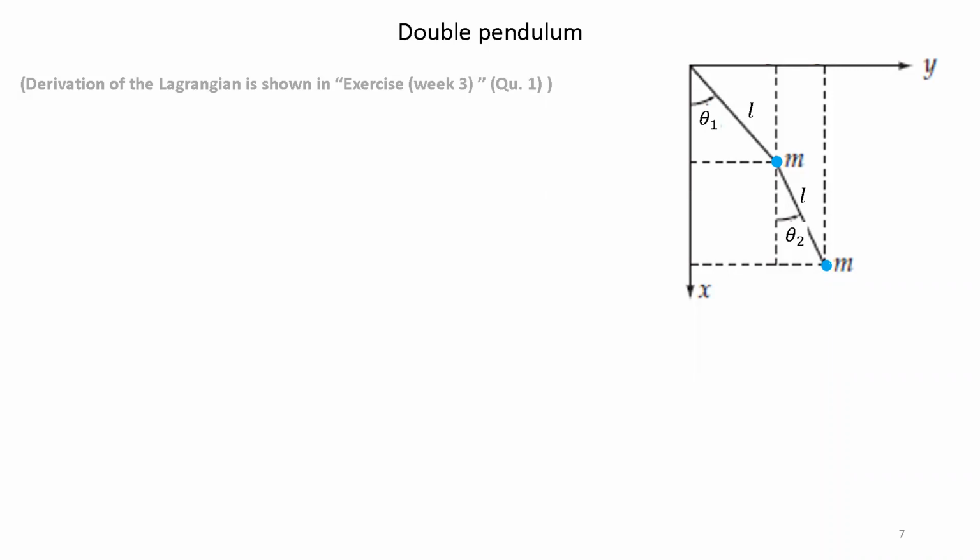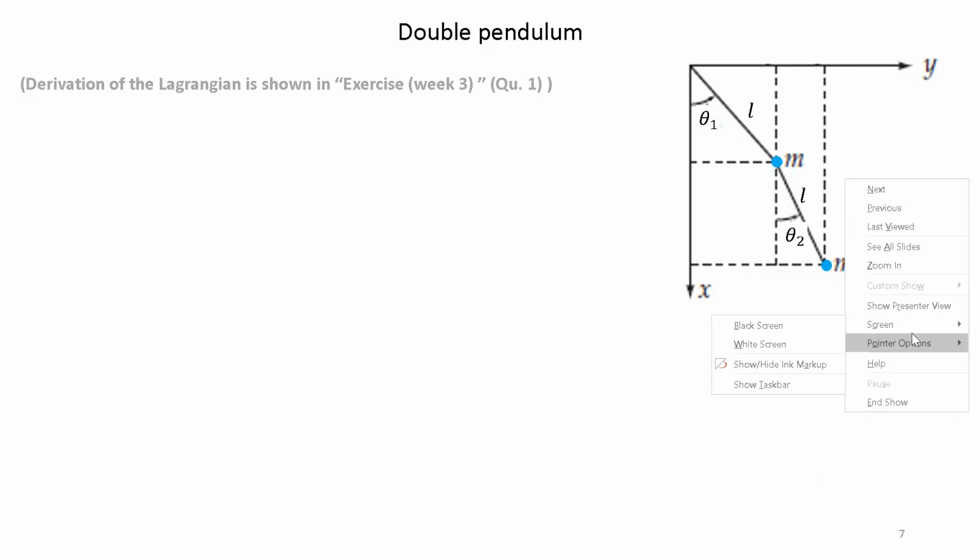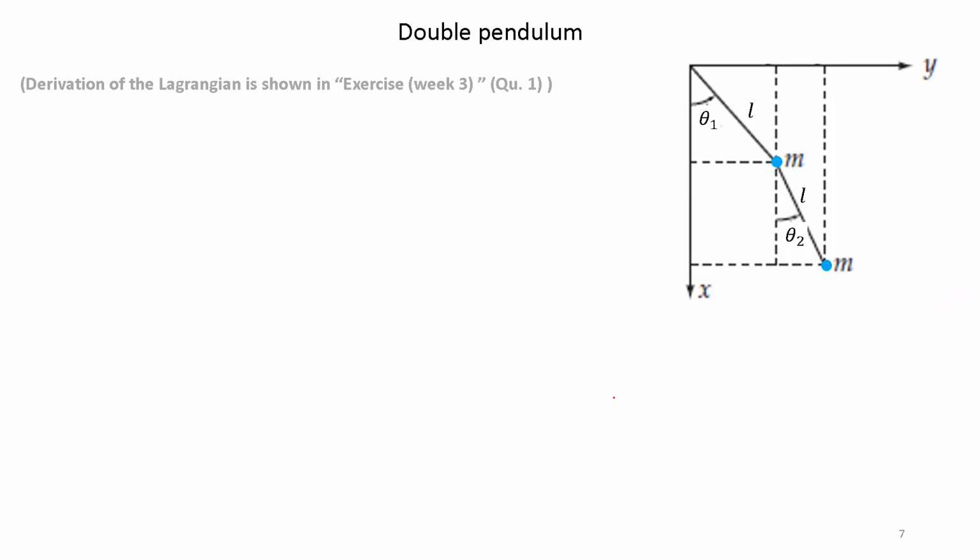So as an intermediate step, we first consider the xy coordinates of the two masses. This point has coordinates x1, y1. This one is at x2, y2. One thing to be careful about is that here we pick the vertical axis to be x and the horizontal axis to be y, and going down is positive.